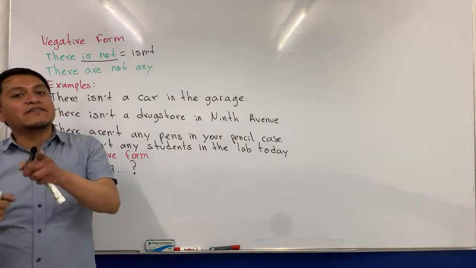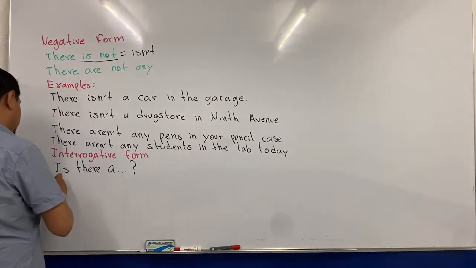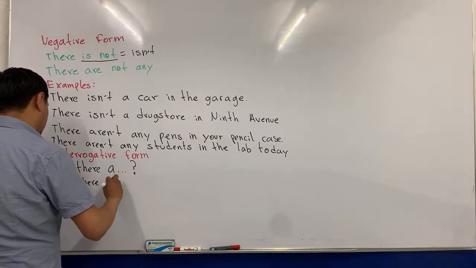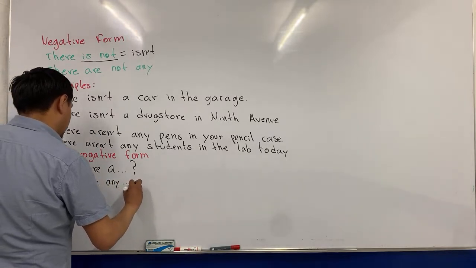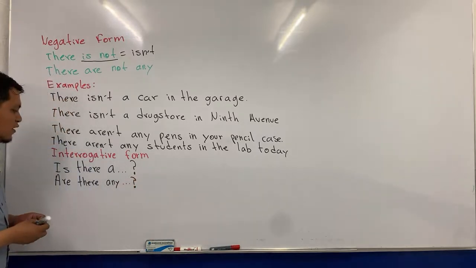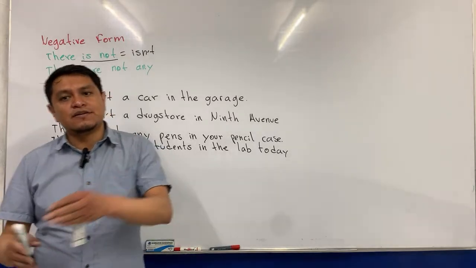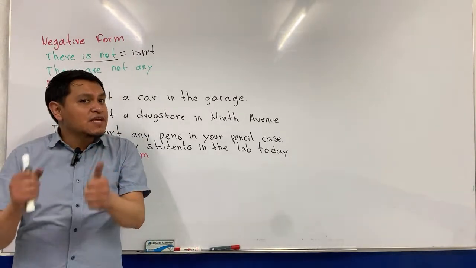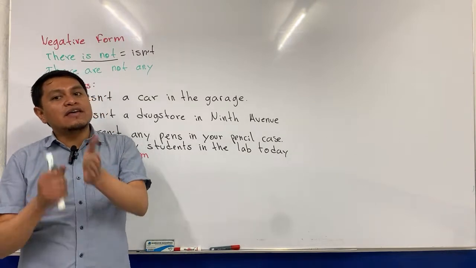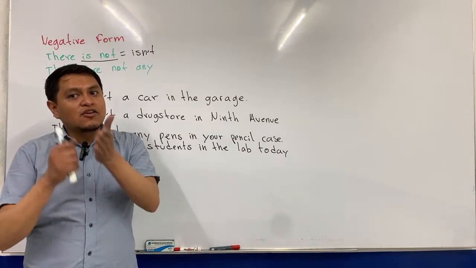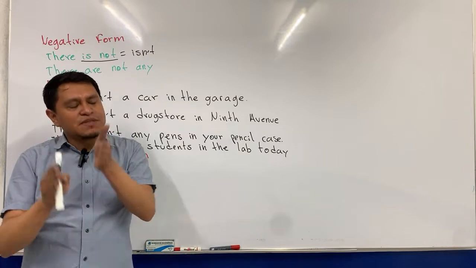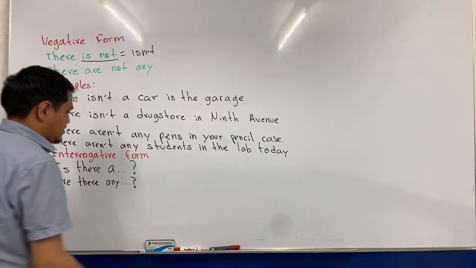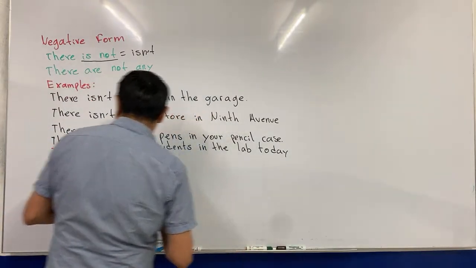Or are there any? Are there any or is there? We want to know if something exists or if something is located in a specific place. Look at the following examples.